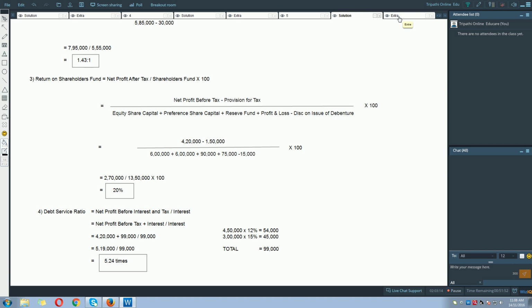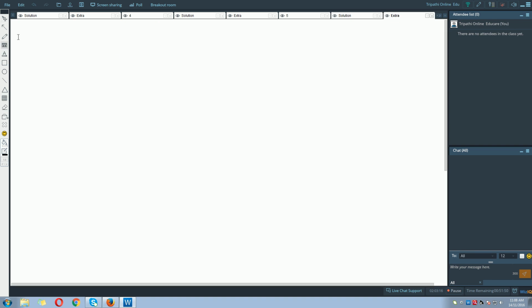That is equal to 4,20,000 plus interest 99,000 upon interest 99,000. So that is equal to 5,19,000 upon 99,000.